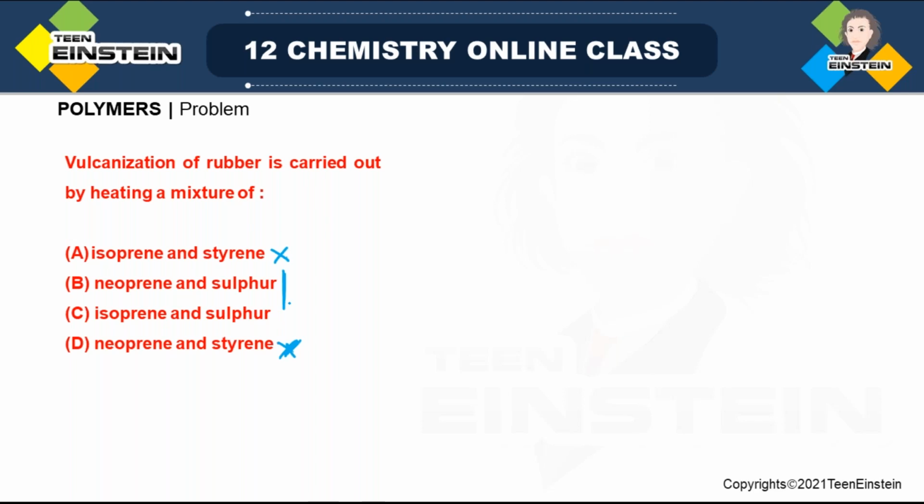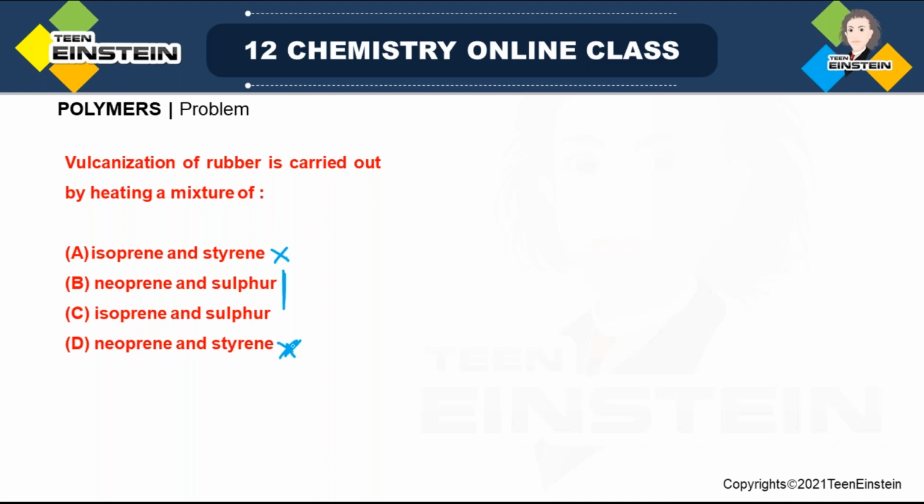Now among these two options, B and C, neoprene and sulfur is not correct. Why? Because neoprene is the name of one of the synthetic polymers. First of all, it is a synthetic polymer. It is not even a monomer. It is the name of a polymer. So it cannot be correct.